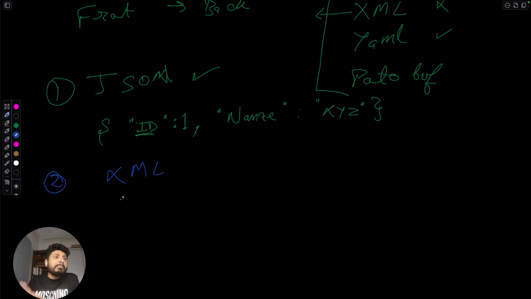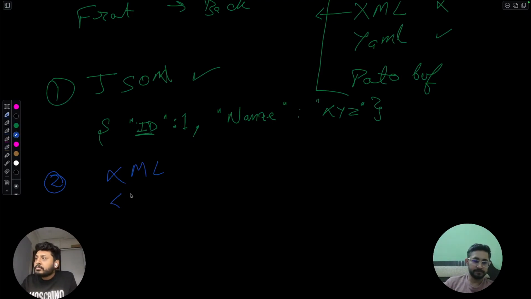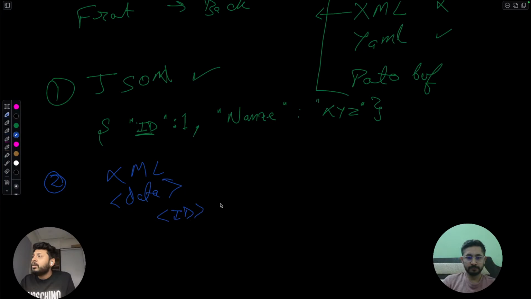If I want to encode or serialize the same data in XML, how would it look? Hi, welcome, Sashi. So, let's say data, and you will have ID, one, closing ID, then name XYZ, closing name.